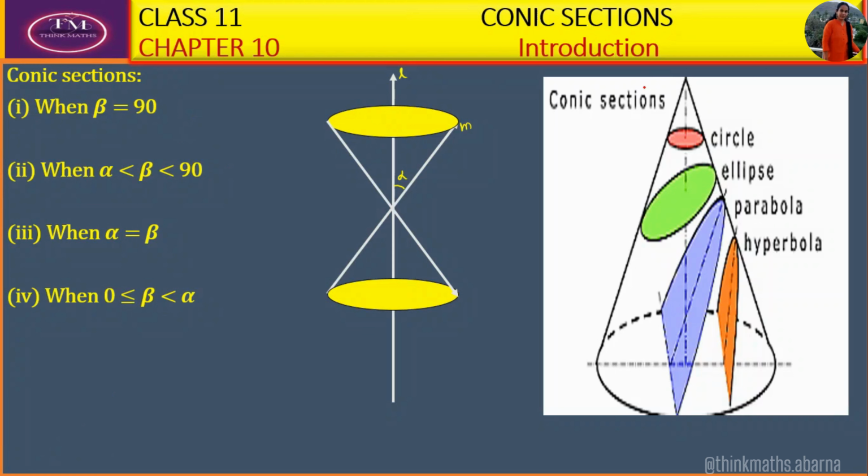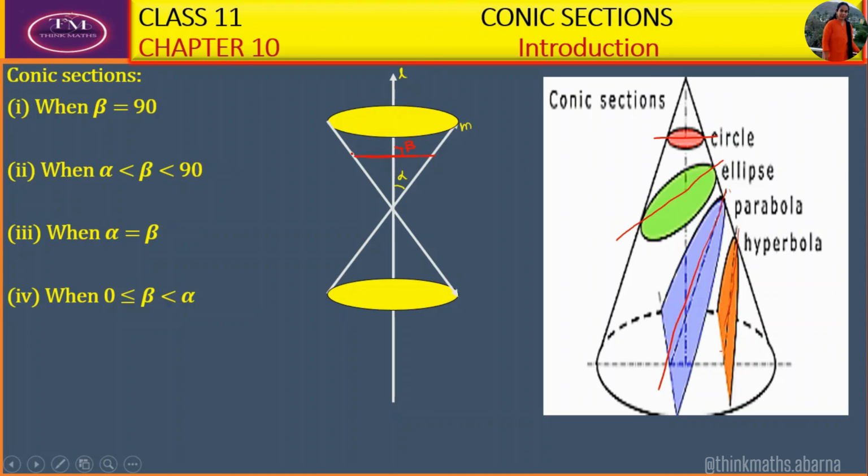Yes. Now this we all know. Circle is here, ellipse is here, the parabola is here, and the hyperbola is here. Now when beta is equal to 90 degrees, if we draw a line like this, the angle made by this line and the axis, which is denoted as L, is denoted by beta.